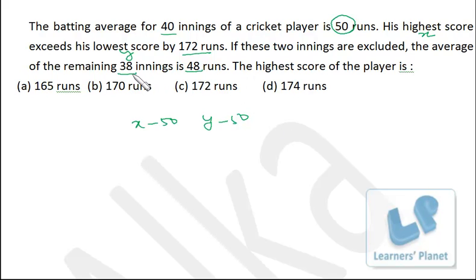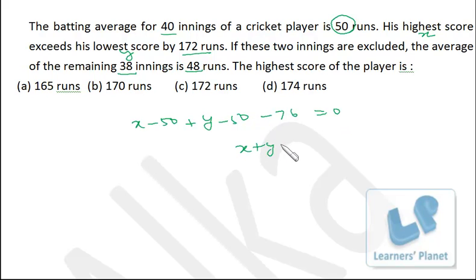And remaining 38 innings, deviation of these 38 innings, yes, so that's minus 2. 50 minus 48, because 48 is less than 50, so deviation is minus 2. So 38 into minus 2, minus 76, and this sum of deviation must be 0.